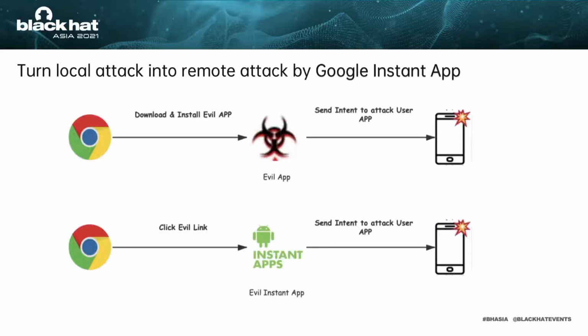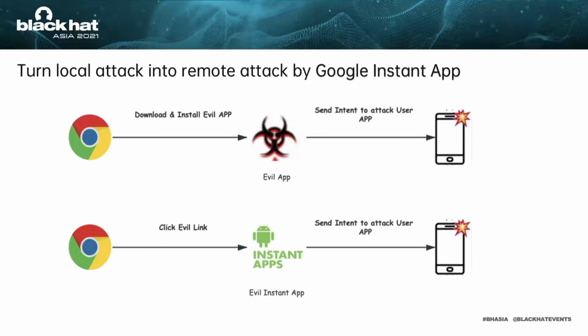And we found that we can turn a local attack into a remote attack by Google Instant App. Under normal situations, if you want to attack the user's app, you need to trick the user to download and install the malicious application first, and then the malicious application sends an intent to attack the user's app.